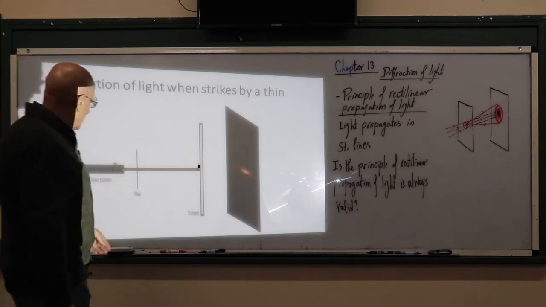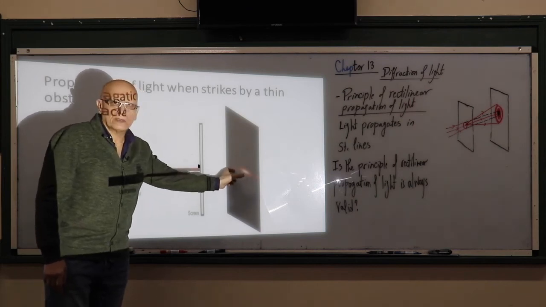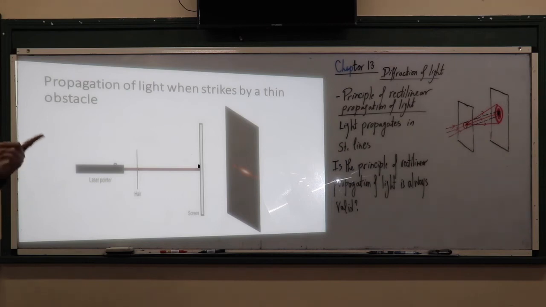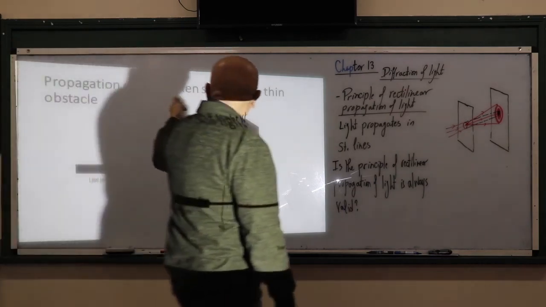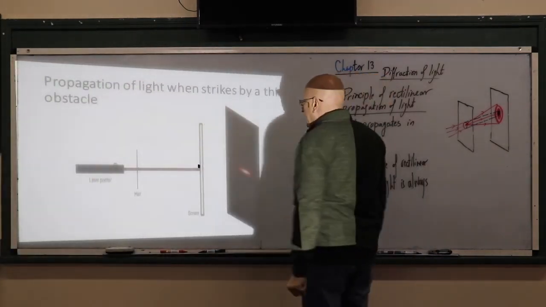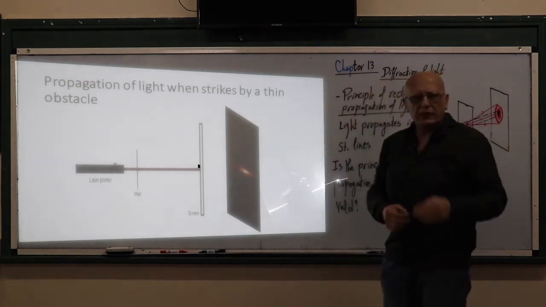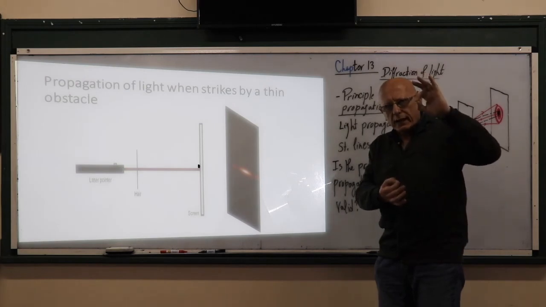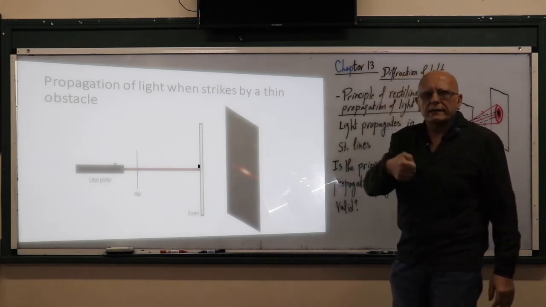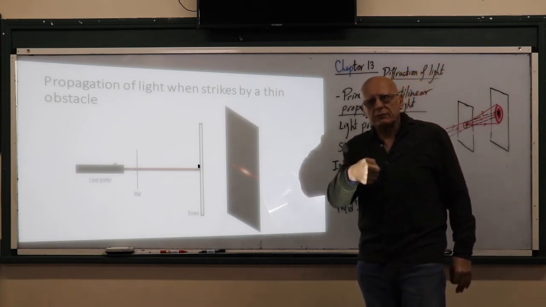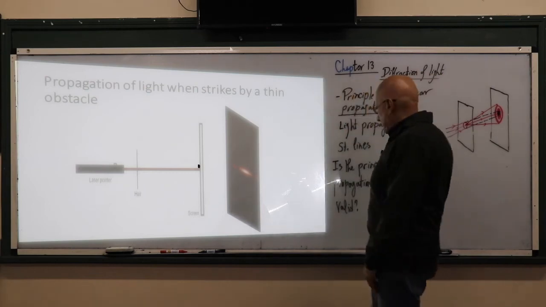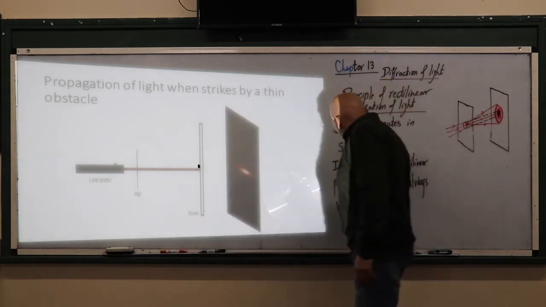And because of this, you have obtained a region of length more than the width of the hair. Okay? This is the propagation of light when it strikes a thin obstacle. You can do this experiment at your home. You can take a hair and send a laser beam towards it, and you can observe such phenomena. More observations.